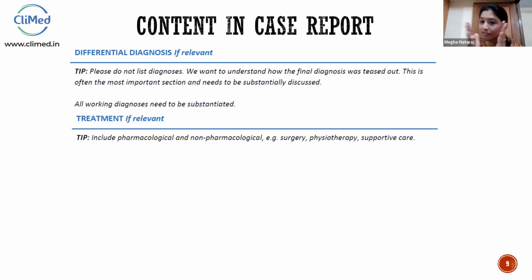So this intervention can be pharmacological, non-pharmacological, a surgical treatment, a therapy, supportive care, it can be anything. So it's important for us to mention what was given, why this particular treatment was chosen, and what the specifications are.